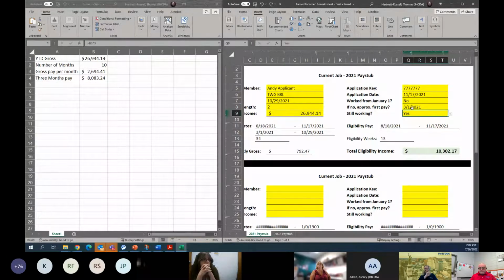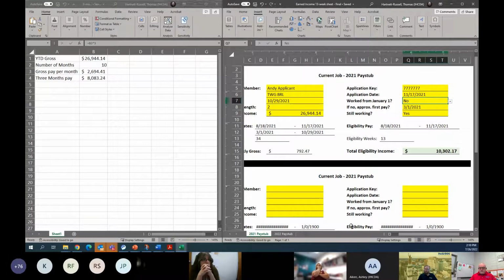See how that impacts? So we're looking at the same amount of pay, but they received it in 2 fewer months. So we know that means they've actually been receiving more per week than what we had originally calculated.